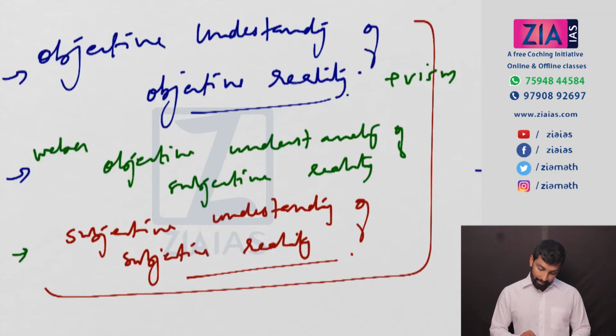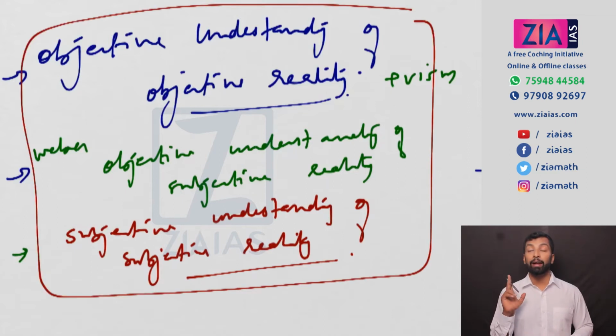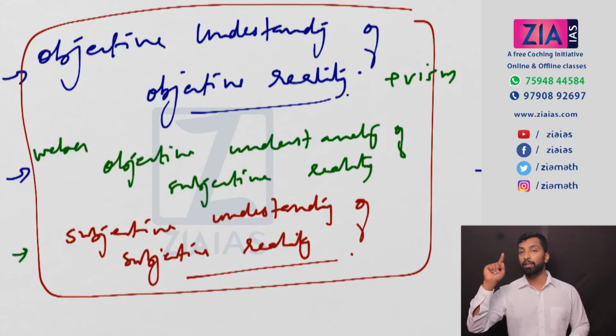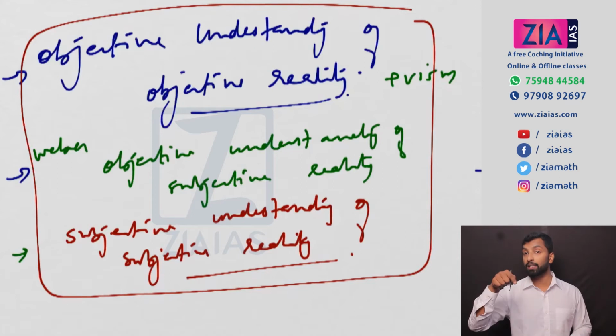So this is how you can simply understand positivism, interpretivism and non-positivism. Positivism: objective understanding of objective reality. Interpretivism: objective understanding of subjective reality. The reason is, why subjective reality? You are studying meanings and human actions. Why objective understanding? Because you are using scientific methods. Phenomenology is subjective understanding of subjective reality. The reality is subjective and the method also is subjective.